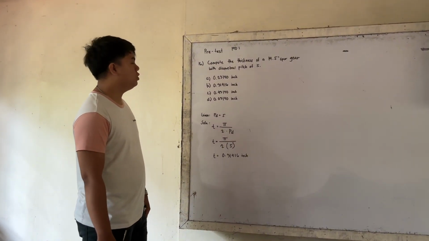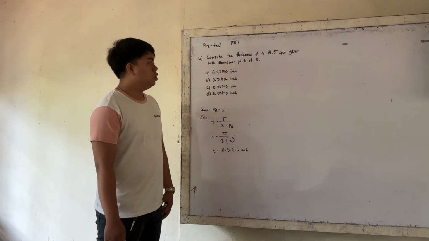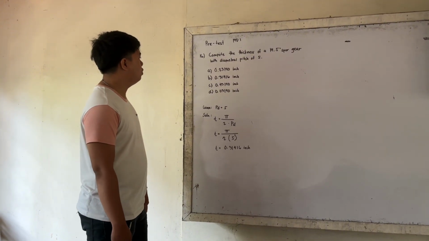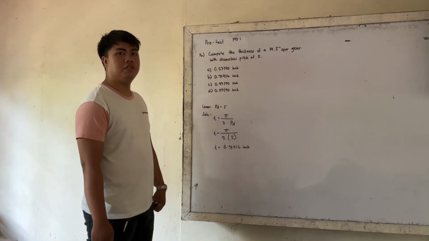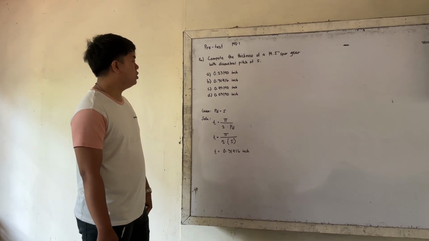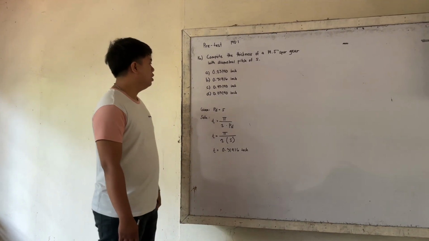So we have choices. A is equal to 0.23140 inch. B is equal to 0.31416 inches. C is equal to 0.43140 inch.